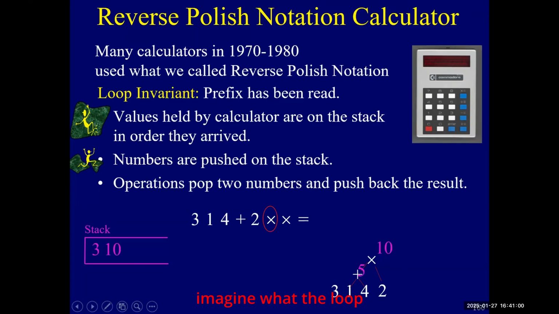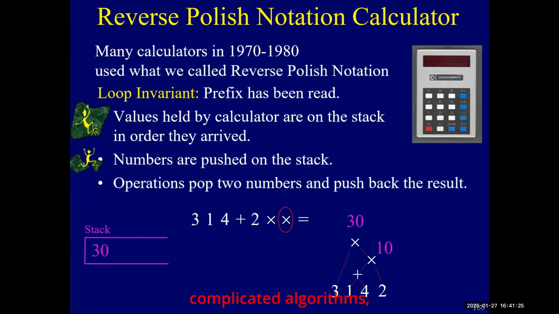And so you can imagine what the loop invariant here is, right? And then we get a times, and at this point, what do we do with this times? We pop the 10, we pop the 3, we push the 30 on the stack, right? Does that make sense? Are people following this? Right, so what are we trying to learn here?